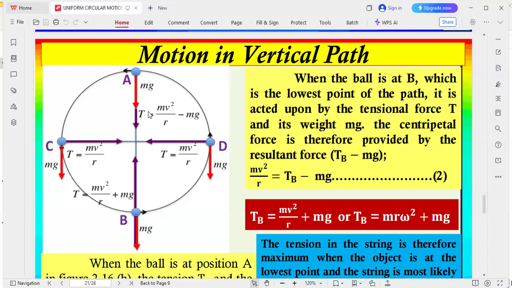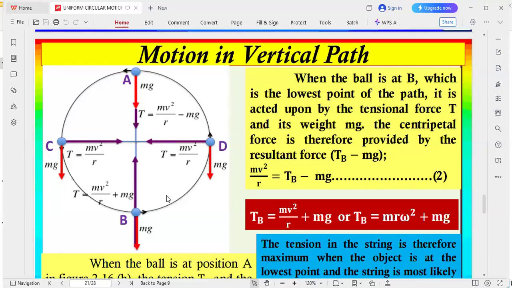Sorry for that. Centripetal force Fc equals tension plus mg. Therefore, mv squared over r equals tension plus mg. Therefore, tension equals mv squared over r minus mg. That's why it's minus here.